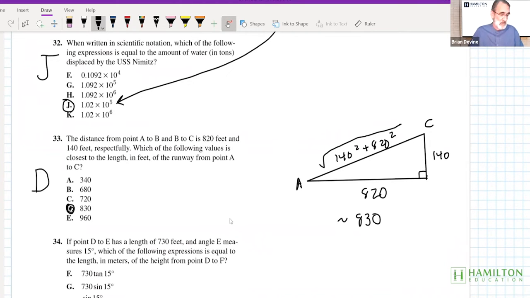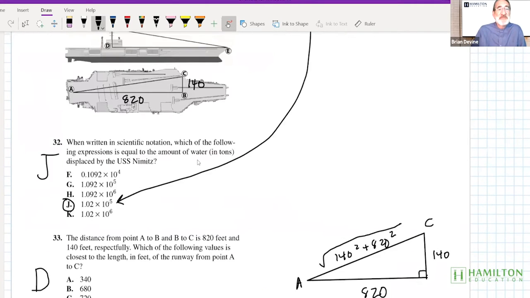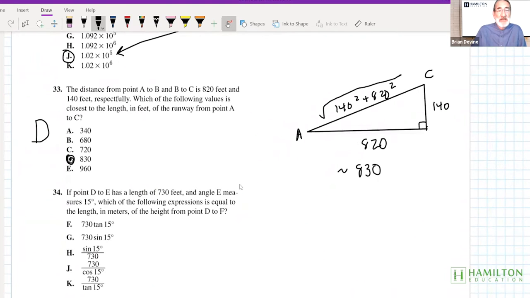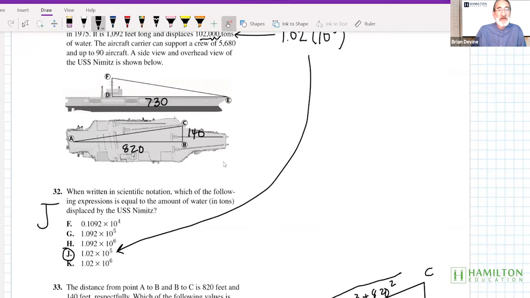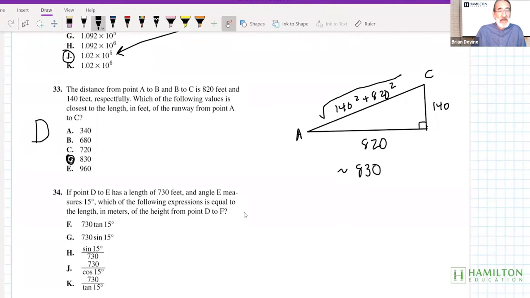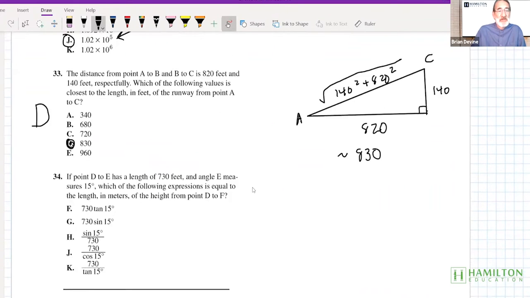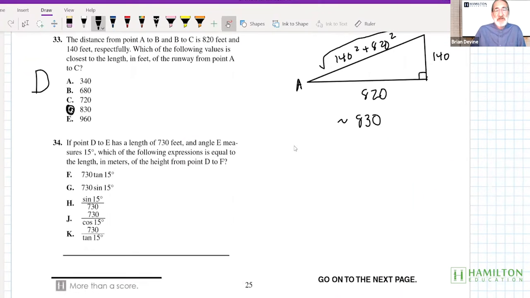I'm not that good. For number 34, if D to E has a length of 730, so we know this is 730, and the angle measure E is 15 degrees, so I know this is 15 degrees. And I then want to know, how can I find the distance from D to F? Well, if I look at that triangle, see if I can draw this.